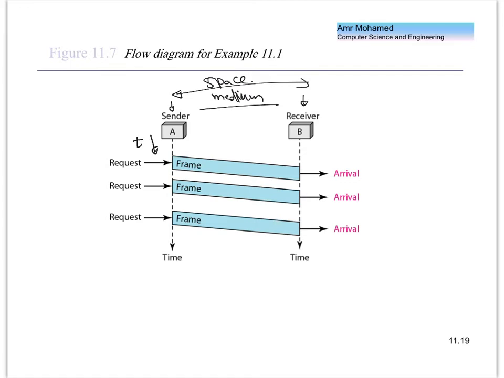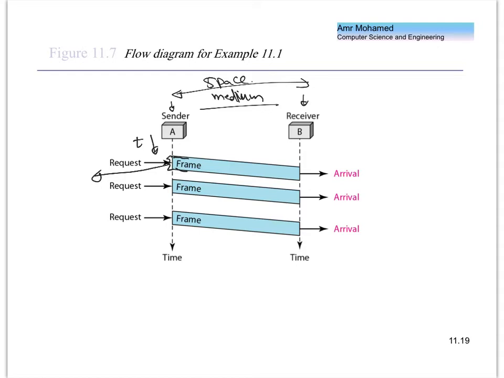So the way that we represent the frame on the medium is by two parallel lines here. So why do we have a thickness here? What does this represent? Why don't we have just one single line?